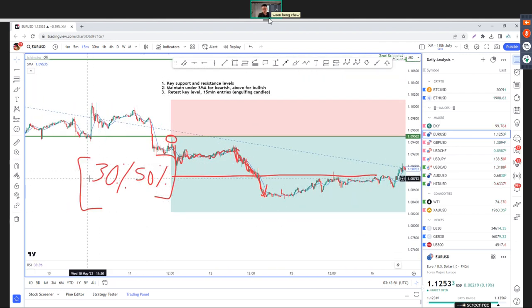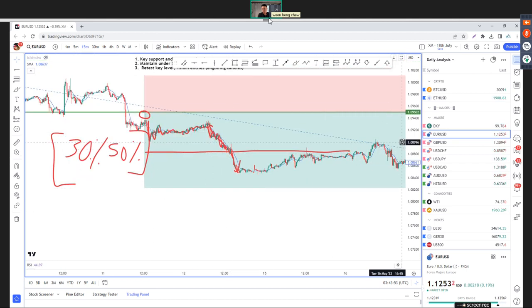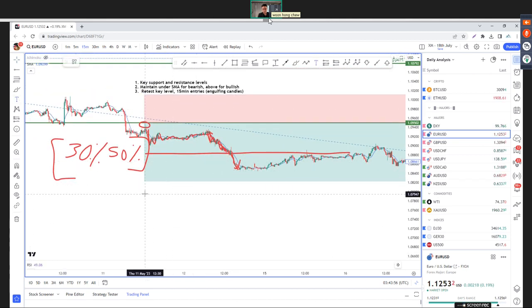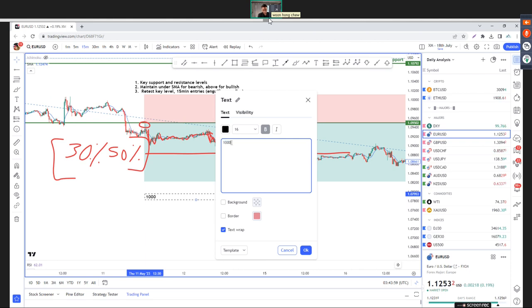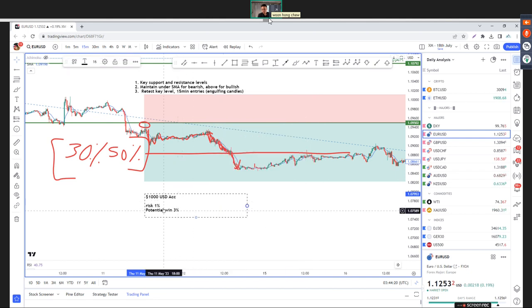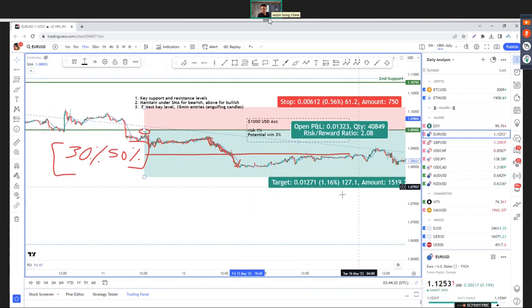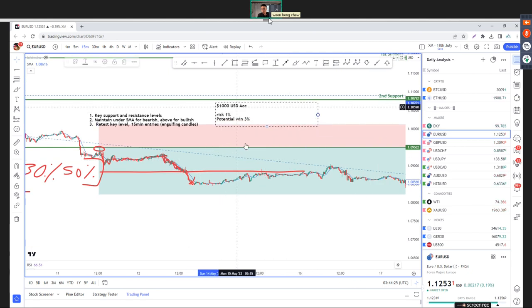Okay, let me give you guys an example. Let's say I have a $1,000 USD account, risk 1%, potential win 3%. Let's say this is my trade as well.